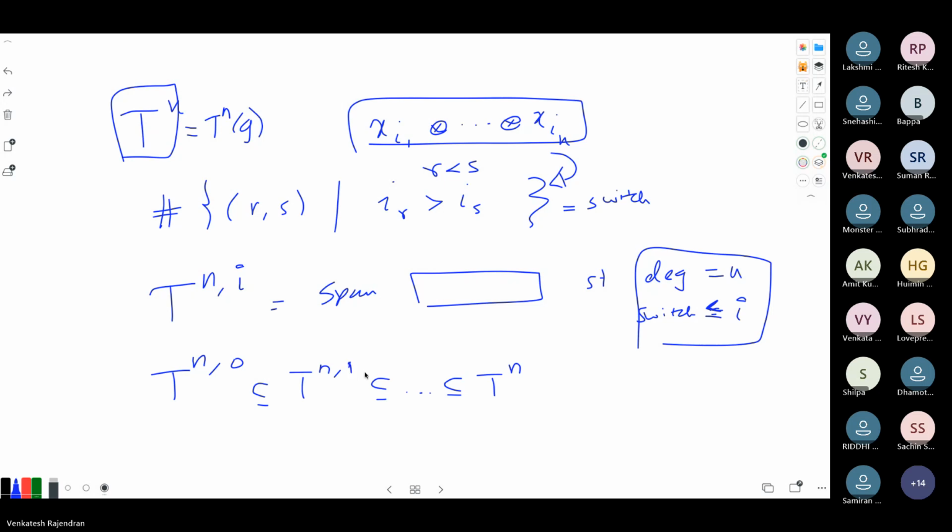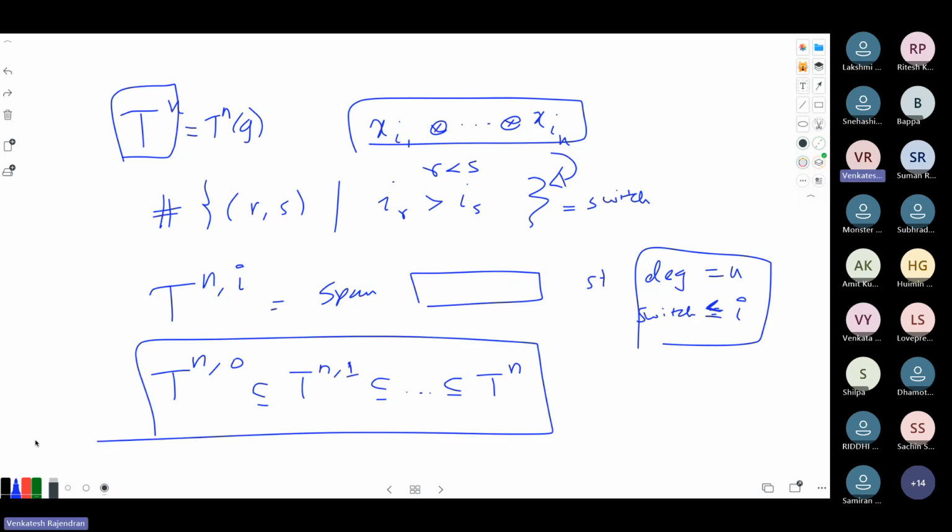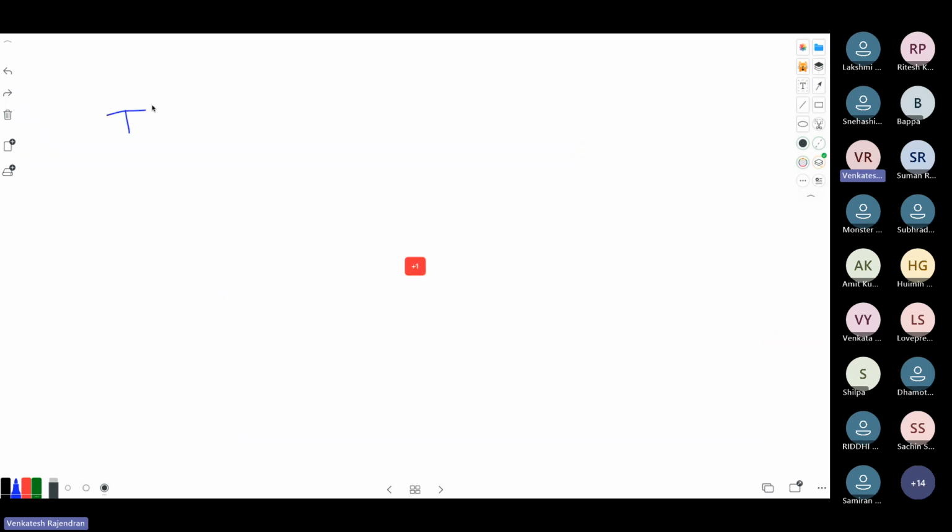And if you have defined it for Tni, then you want to go to Tni plus 1. Tn0 is easy to define, because Tn0 is nothing but the case where there is no switch. So note that Tn0 corresponds to i1 less than or equal to in, for which you already have the definition.